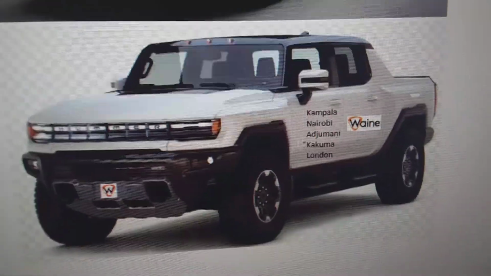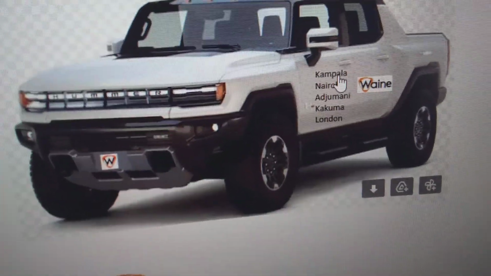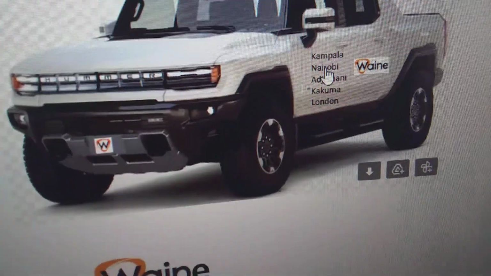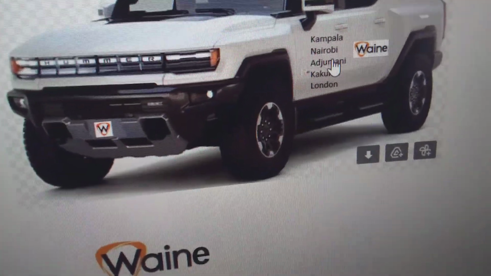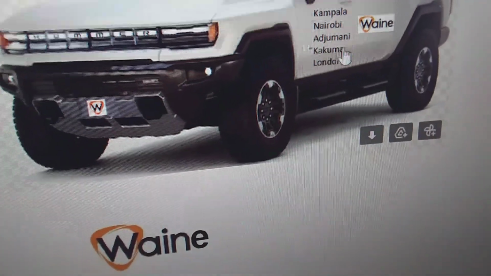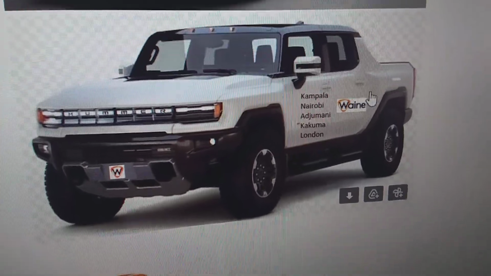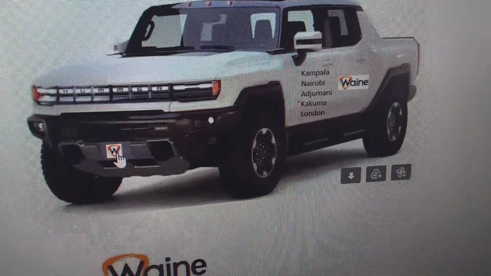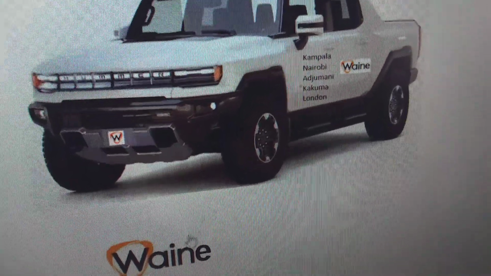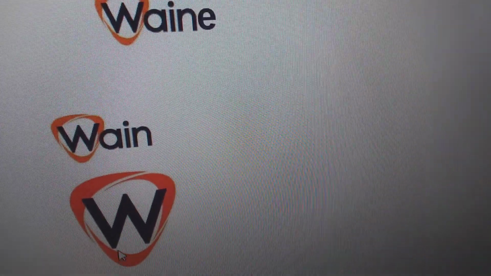So this is the brand we're testing, because this is Kampala, this is Nairobi, this is Kakuma, Nairobi, then this is London, Ontario. So this is the product we are testing. This is the product logo there, and then the logos.